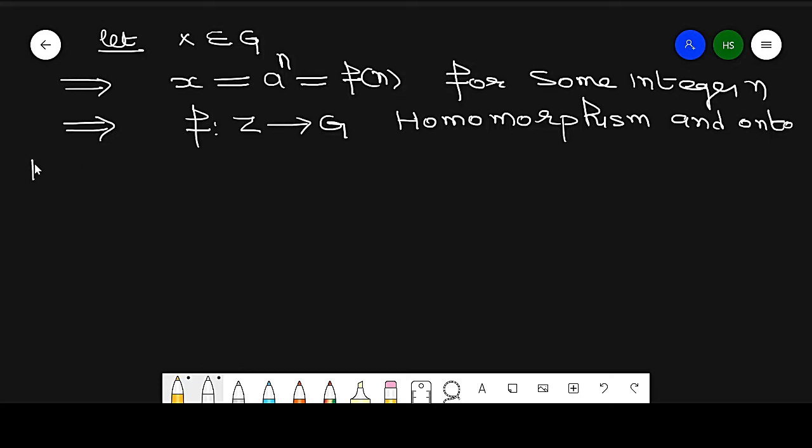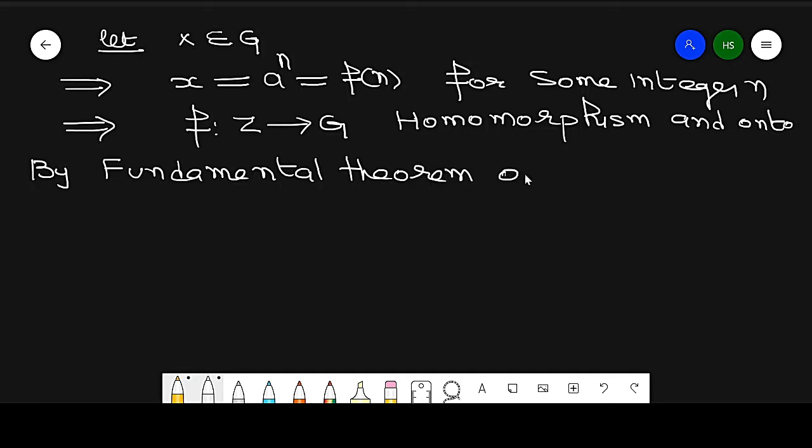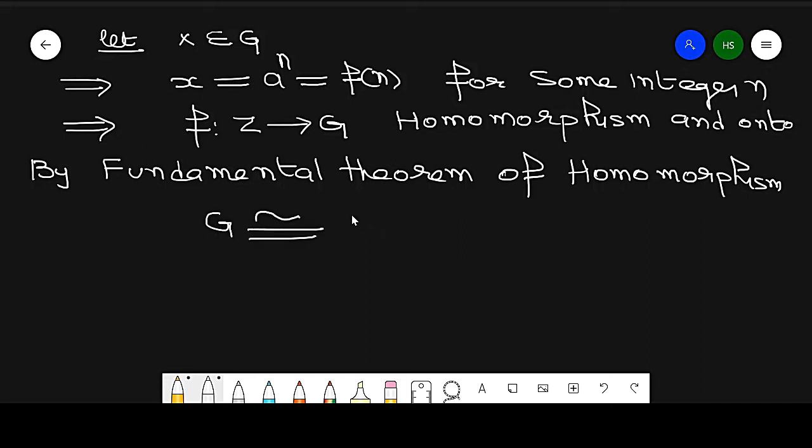Now, by the fundamental theorem of homomorphism, G is isomorphic to Z by the kernel of f.